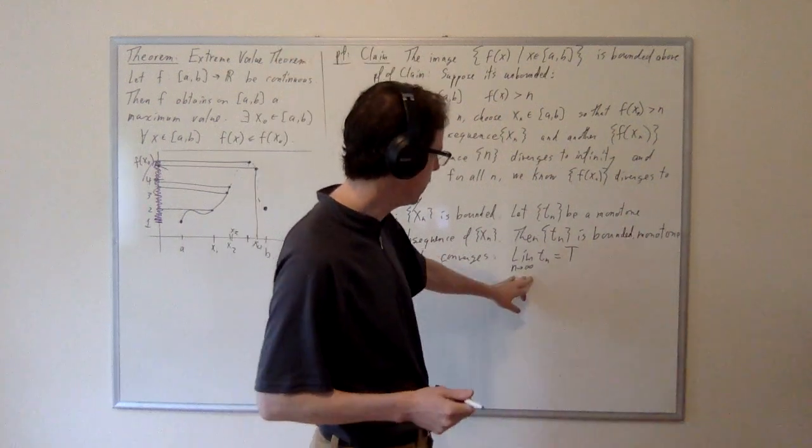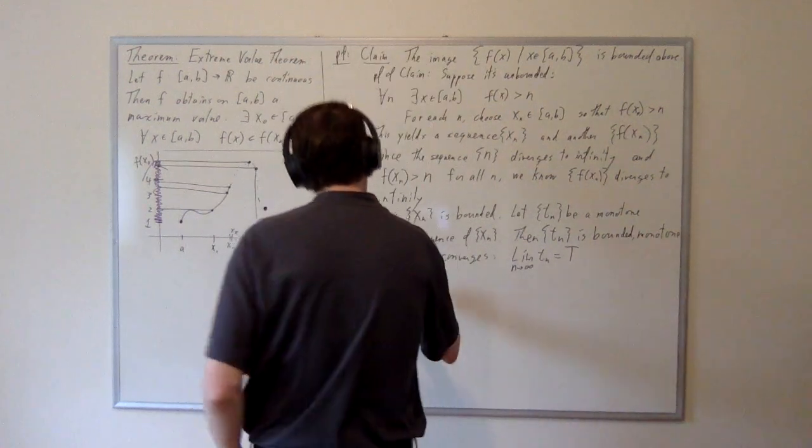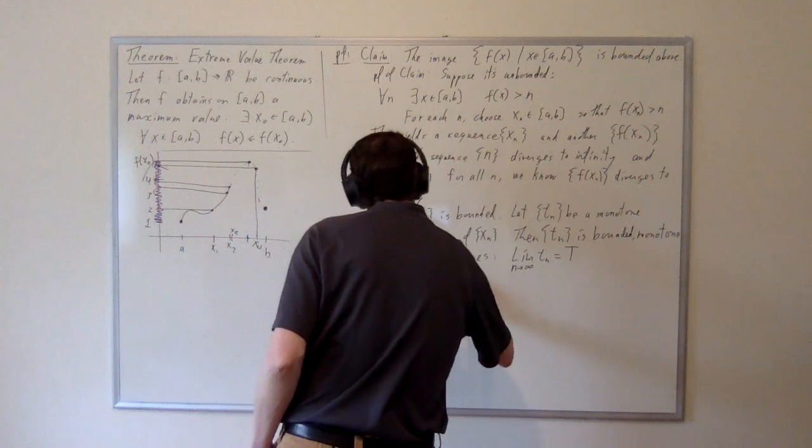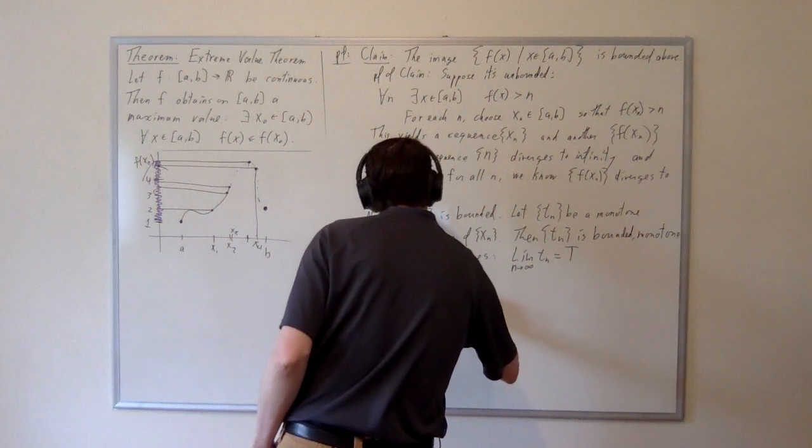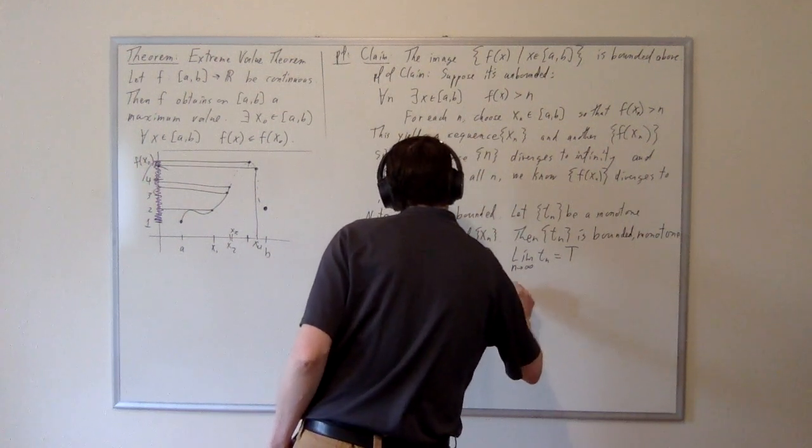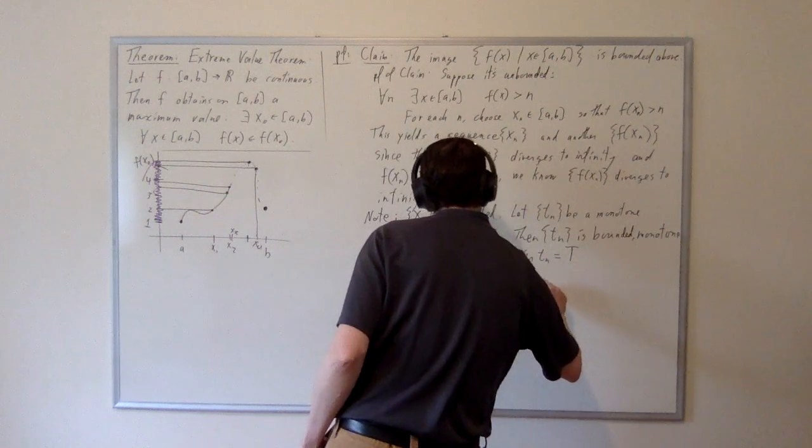Applying that to this situation gives us something interesting. The limit as n goes to infinity of f of tn is equal to f of t.